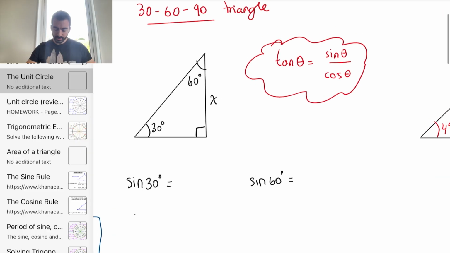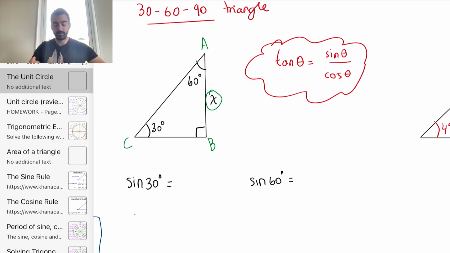Opposite the 30 degrees is the smallest side, in this case x. Let's call our triangle A, B, and C. Obviously opposite the smallest angle is going to be the smallest side. It doesn't look like the smallest side, but it is. So x is the length of AB.